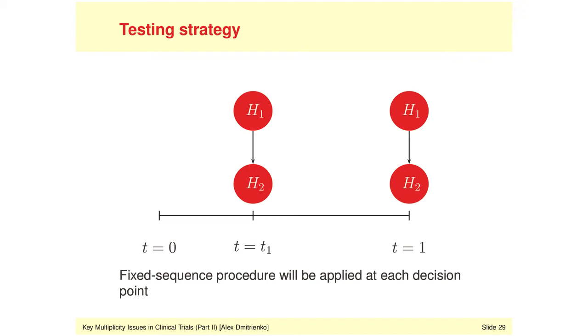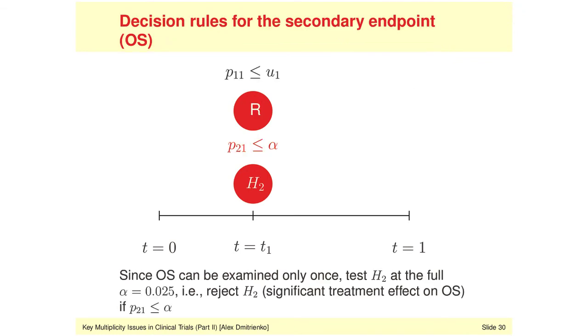We can see here that at the interim analysis as well as at the final analysis, we're going to begin testing the hypothesis H1. And if it is rejected, we're going to step down to the hypothesis H2. The question we're going to focus on right now is the following.